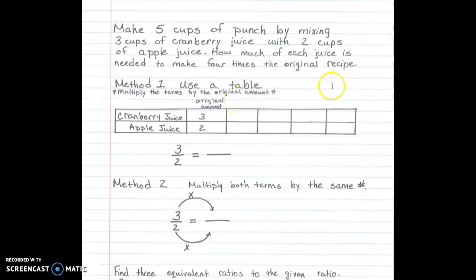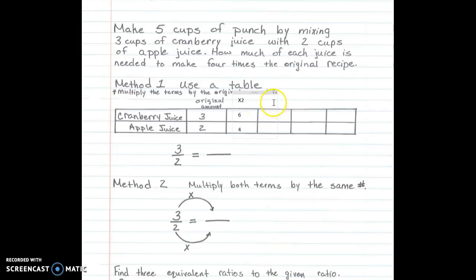Now, what I would do is I started in my first 2 squares, or my first column, with the original amount. That is 3-to-2. So in my second column, I will multiply the original column by 2. So 3 times 2 would be 6, and 2 times 2 would be 4.